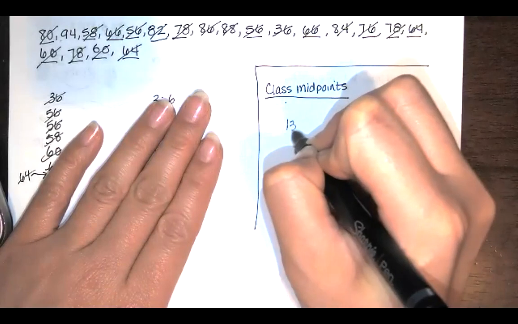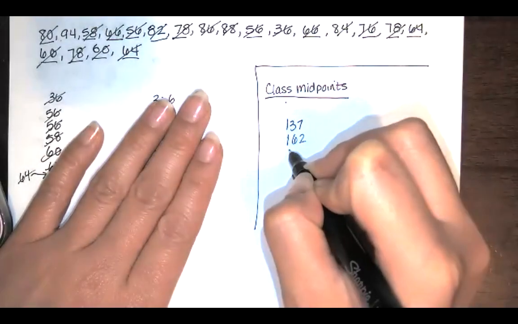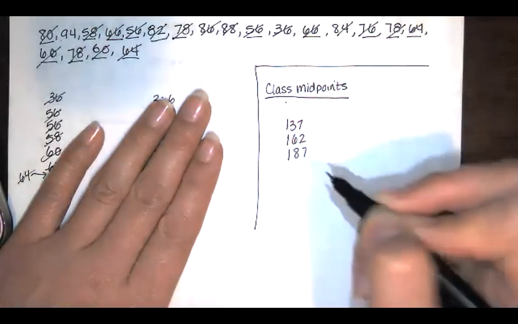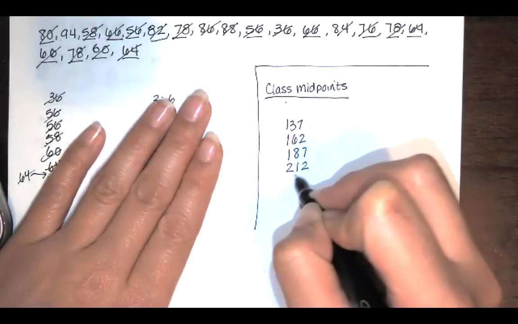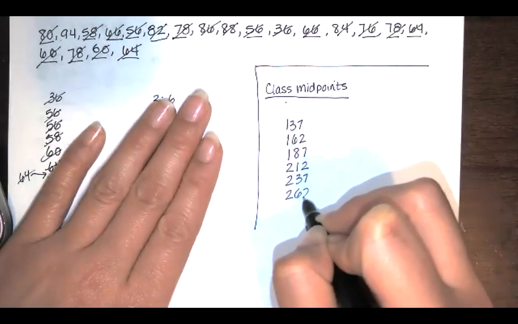So they were 137, 162, 187, and 212, and then 237 and 262.